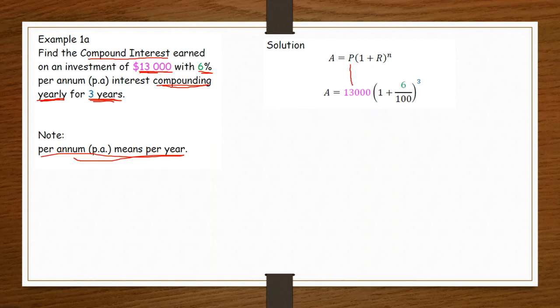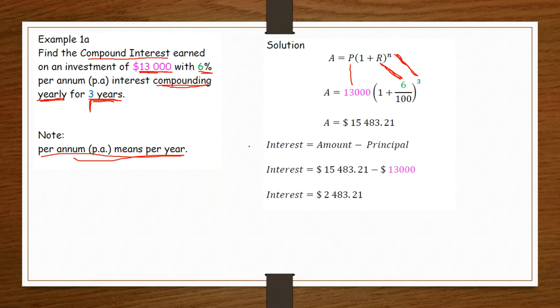So P was 13,000. R is the green number, which is 6%. So rather than a decimal, I'm saying 6 over 100. N is the number of years in this case, so N equals 3. So 3 goes there. So we put that into our calculator and get that number. I'll show you how to do the calculator bit in a second.